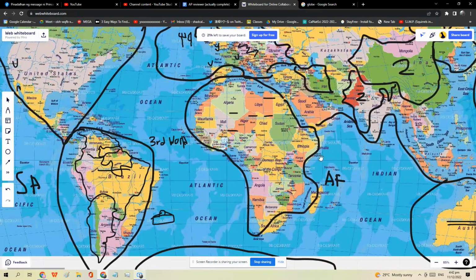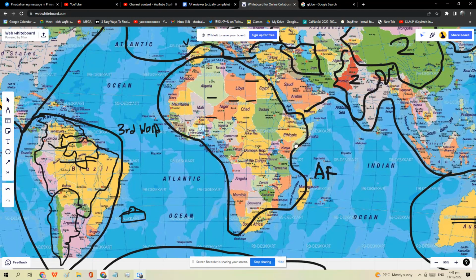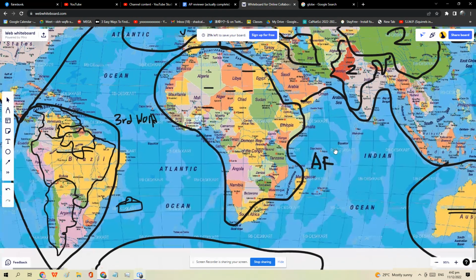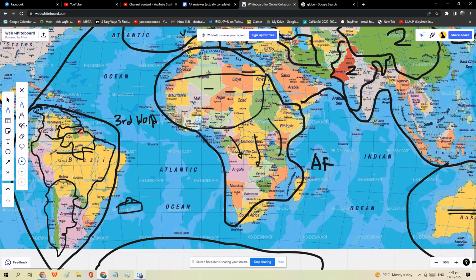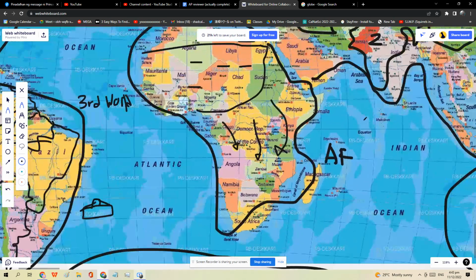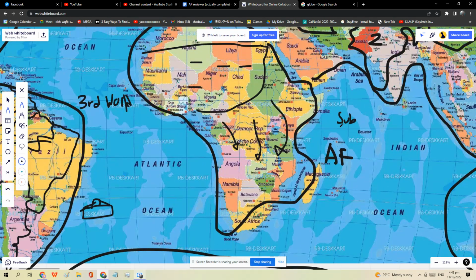Whenever you hear of a desert, or starving people, it's probably in Africa, unfortunately, because they are part of the Saharan area. Yeah, this is basically the Sahara. Let me mark it for you. This is the Sahara, I think, and then this place is called Sub-Sahara, and everything below it is called Sub.